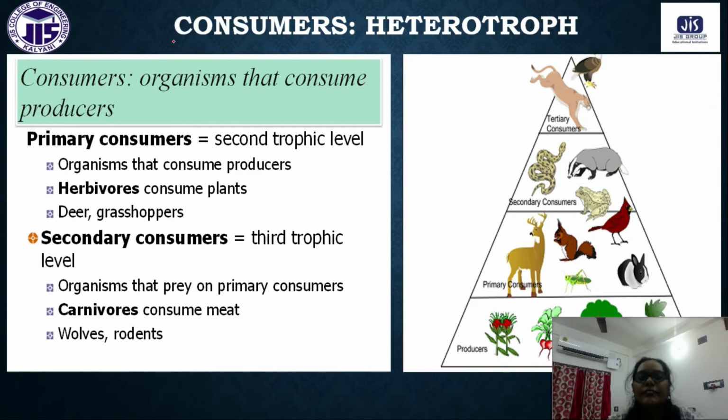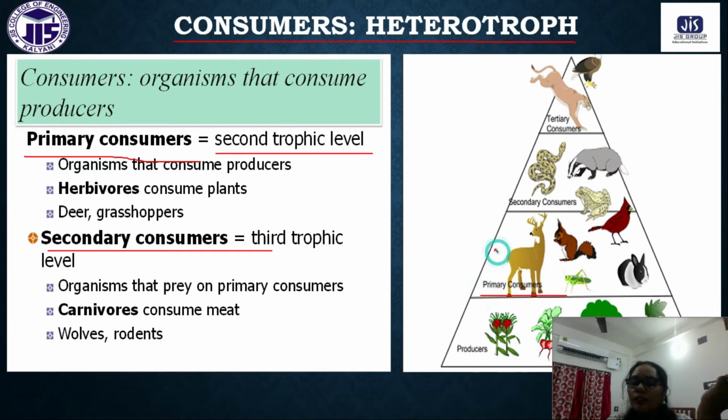Okay, now consumers, or heterotrophs. Consumers are again of three types: primary consumer, secondary consumer, and tertiary consumer. What are the primary consumers? That is the second trophic level. All the primary consumers are fed on the producers.